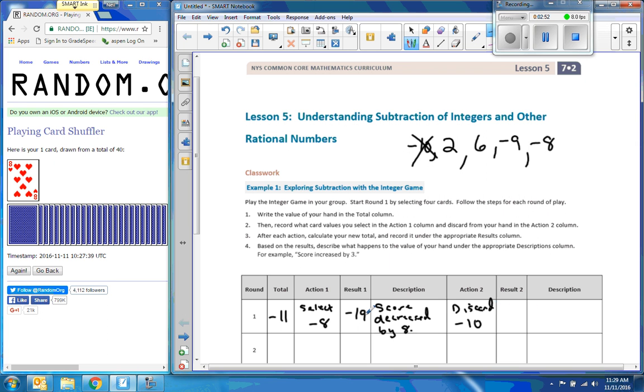Result, we're adding 10 since we're getting rid of it. So now my total is 2 plus 6, which is 8. Minus 9 is negative 1. Minus 8 is negative 9. So the description is score increased by 10. Okay, and there's round 1.